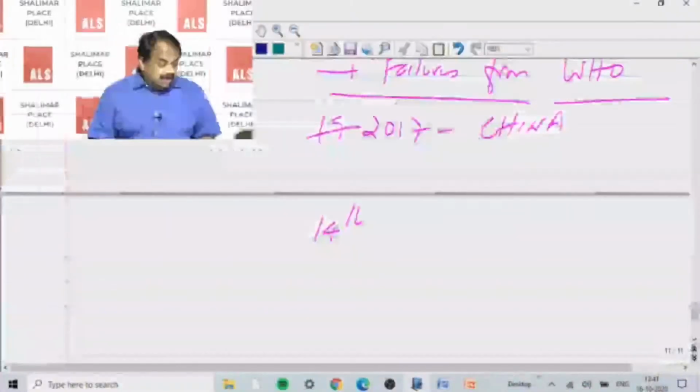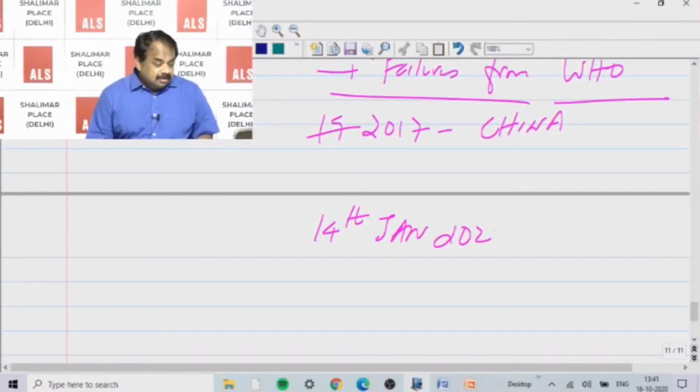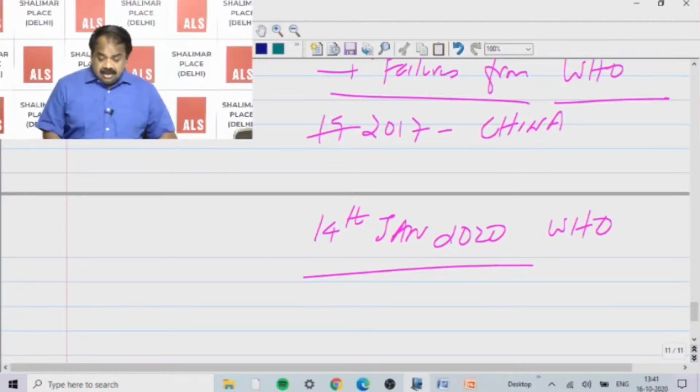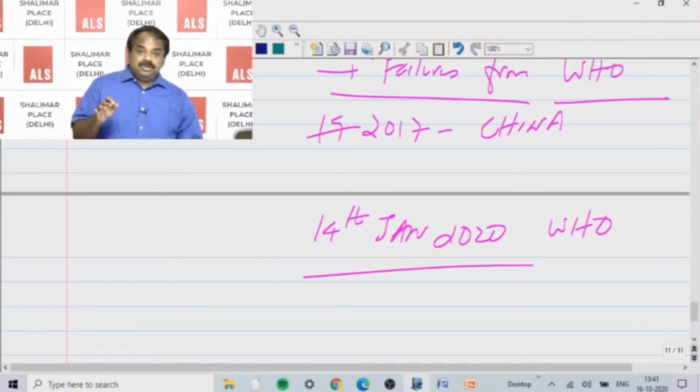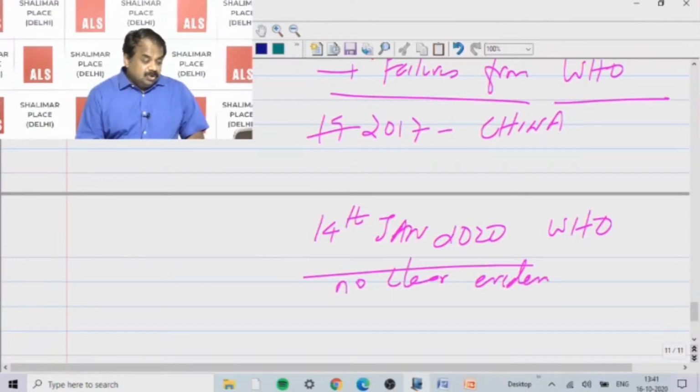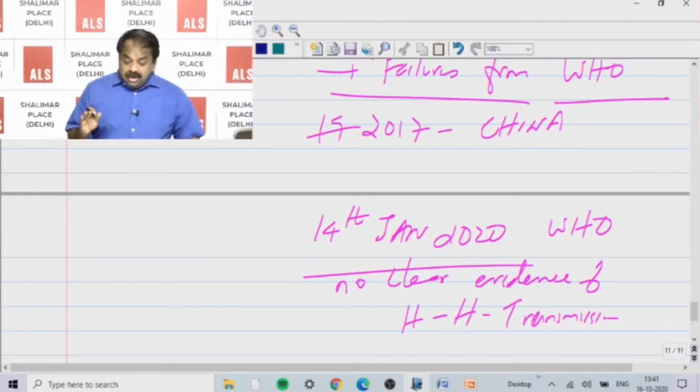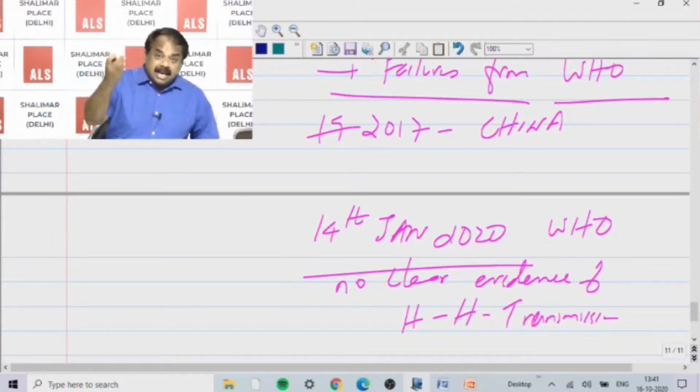In fact, even on 14th January 2020, WHO insisted and even tweeted that there is no clear evidence of human-to-human transmission in Wuhan. That is the 14th January 2020 tweet by WHO saying no clear evidence of human-to-human transmission, when already the disease had reached Thailand.